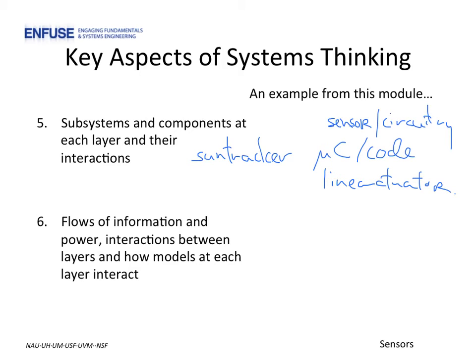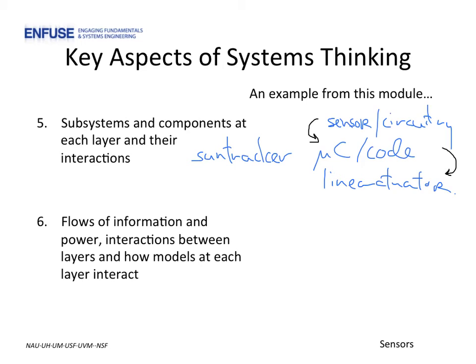So in this application, there's a clear flow of information, that is signals, between these subsystems. So this voltage output goes to the microcontroller and its code decides what to do with it, and then provides a new voltage to control the linear actuator.